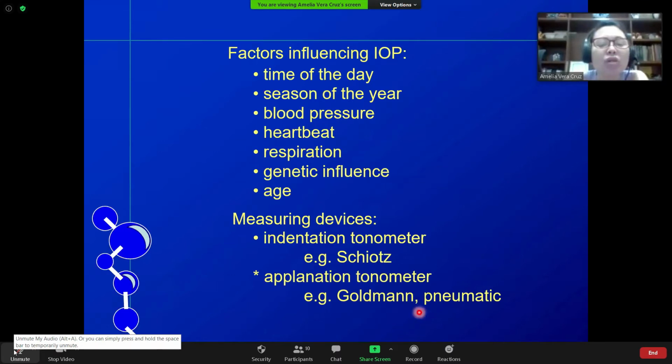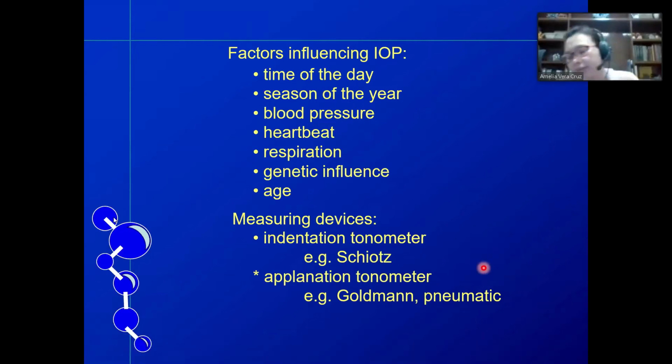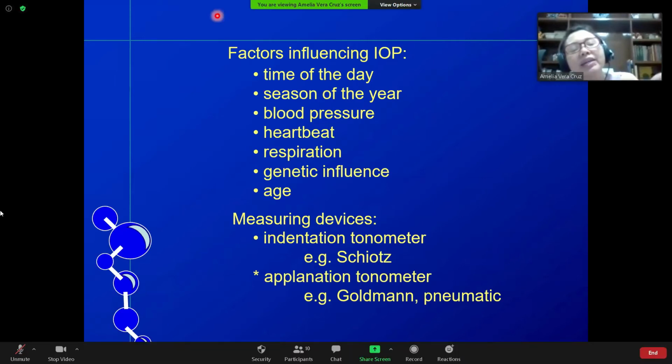Your applanation tonometers. Okay. The gold standard is your Goldman tonometer.